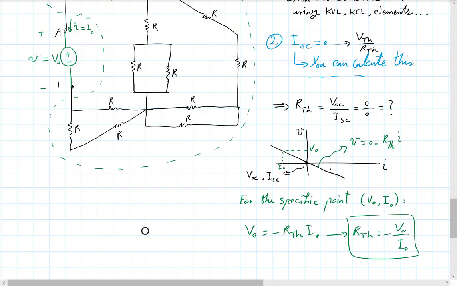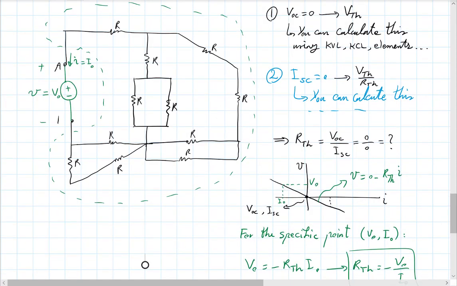Now you might say, well, if I am simply concerned with the equivalent resistance, I don't necessarily need to conform to the Thévenin convention of signs. I can just apply a voltage, measure the current the other way, and that way I wouldn't have the negative sign. So that's perfectly fine, right?